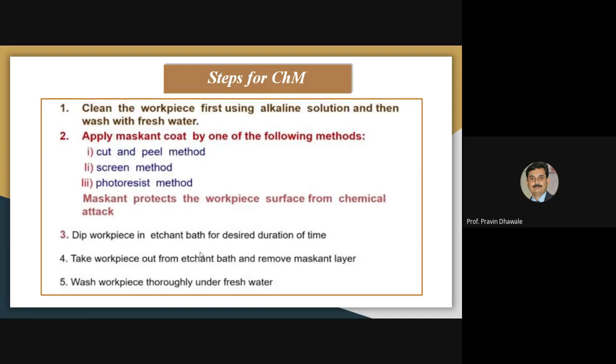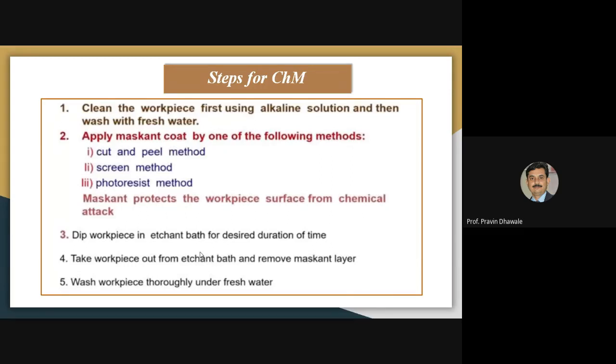First step, you have to clean the workpiece with alkaline solution, then fresh water, then apply the maskant by any of three methods: cut and peel method, screen method, or photoresist method. Then the third step is to dip this workpiece, which is applied with the maskant, in an etchant container for a particular duration of time.